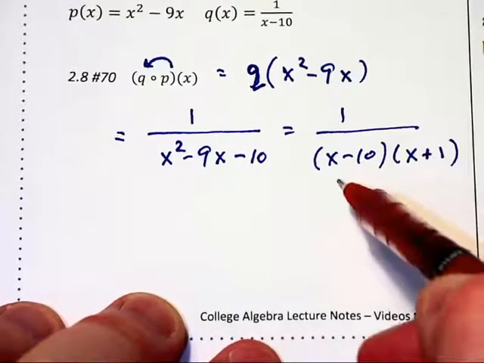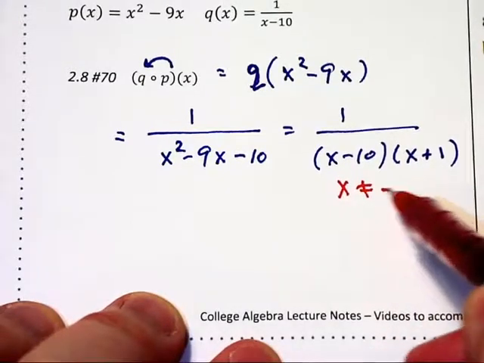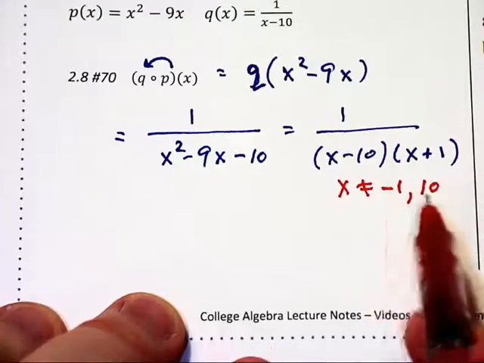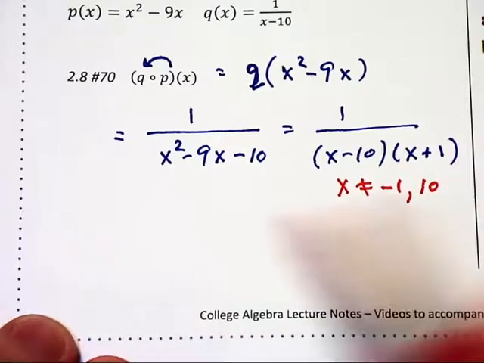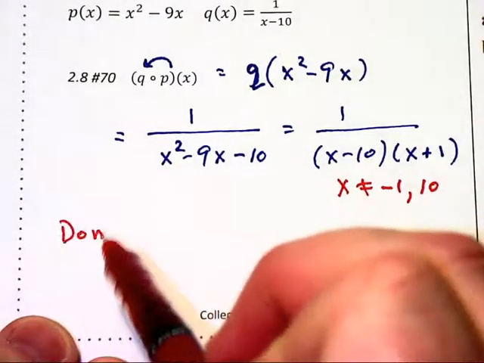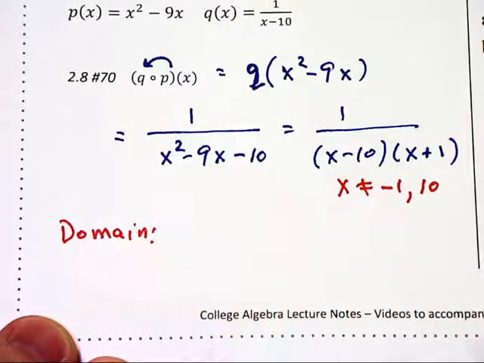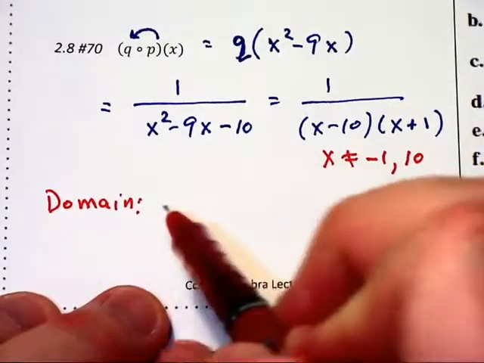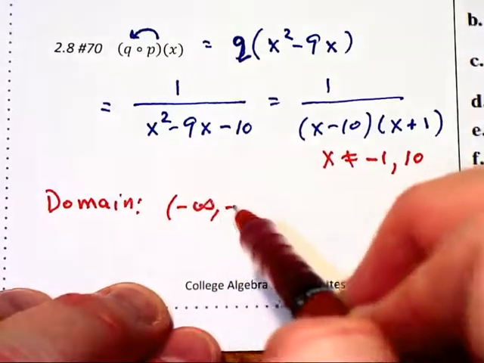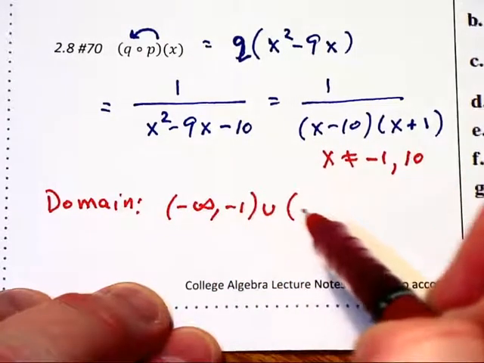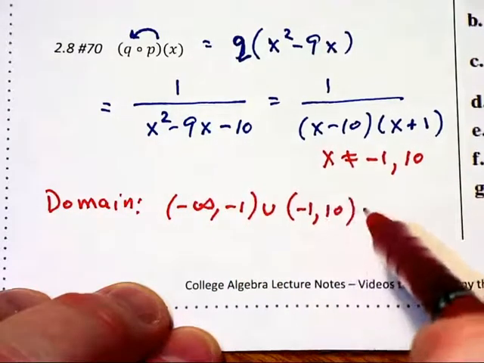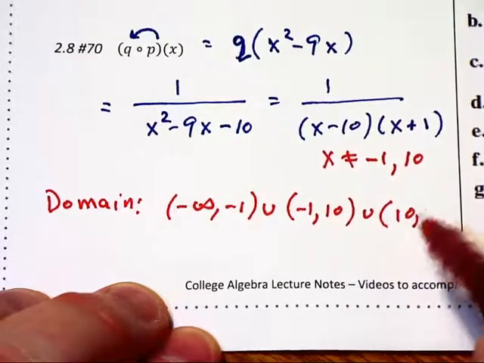Notice how x cannot equal -1 or 10. I put them in numerical order. And so our domain that we're looking for will be all other values of x, starting at -infinity up to -1, united with the interval between the numbers, united with the values to the right of 10.